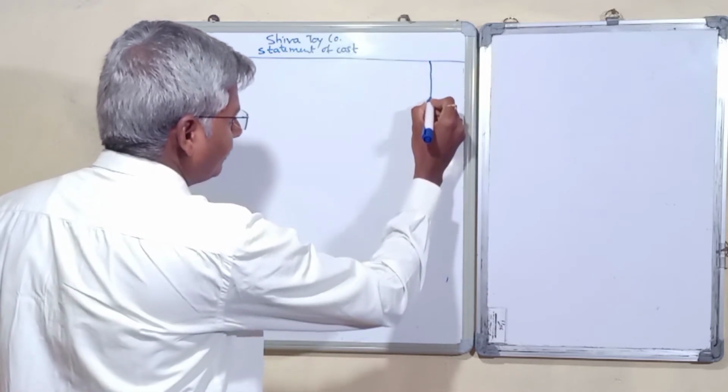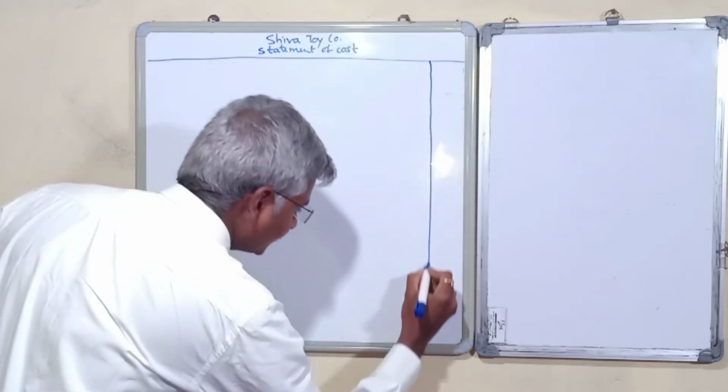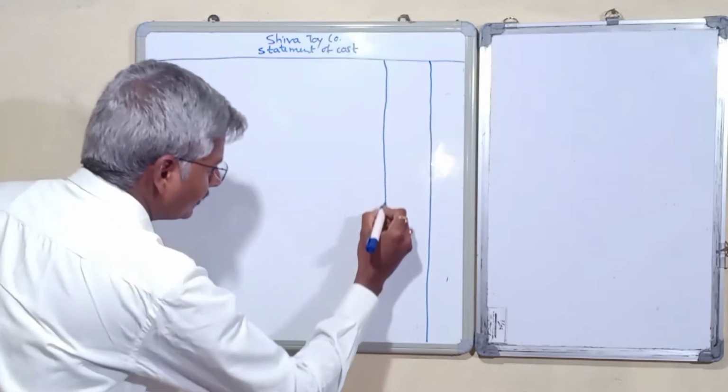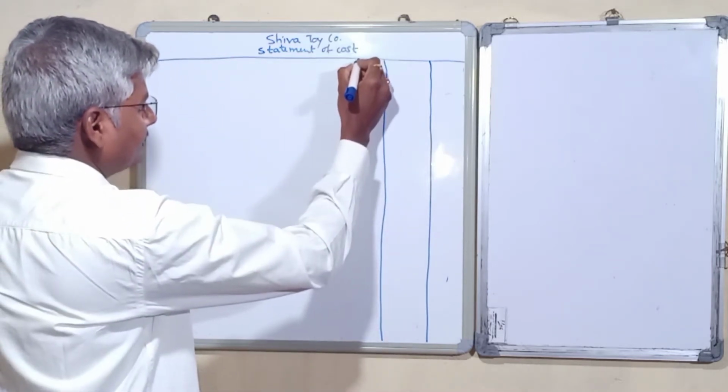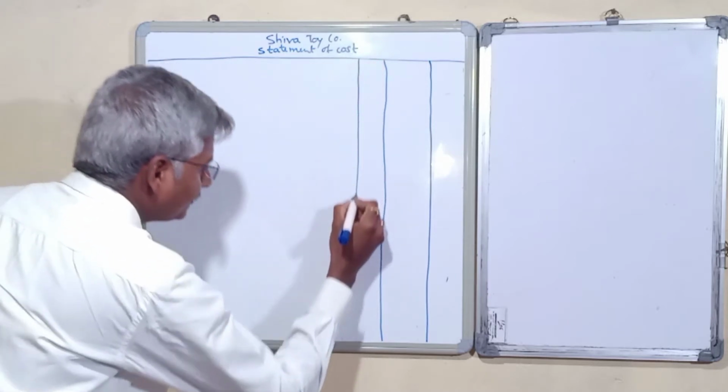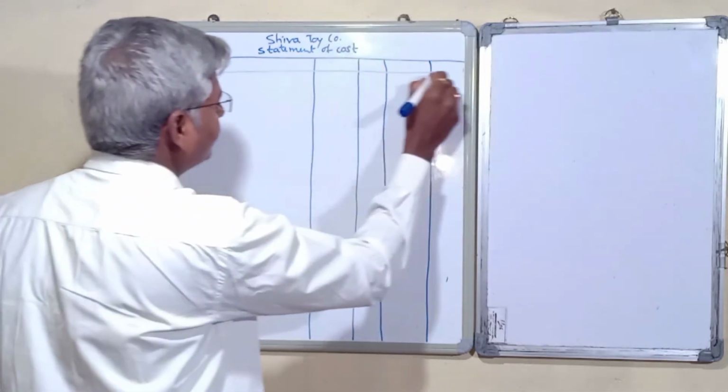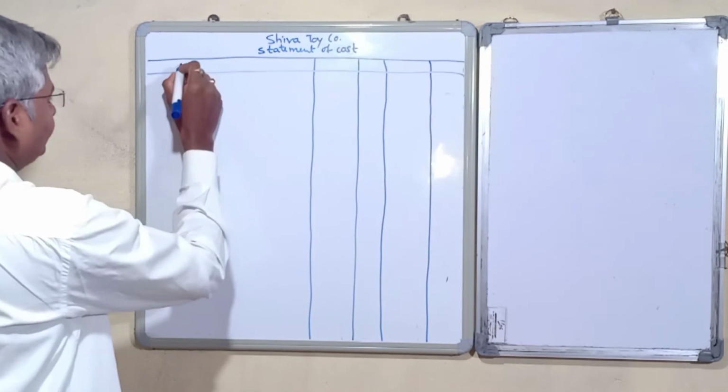So I will make four columns. The total cost column is somewhat bigger than the cost per unit, and the particulars column is somewhat wider.